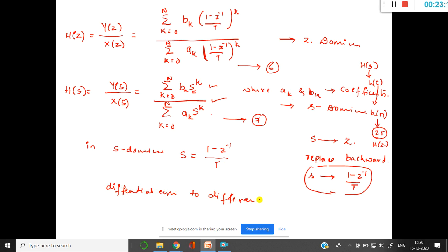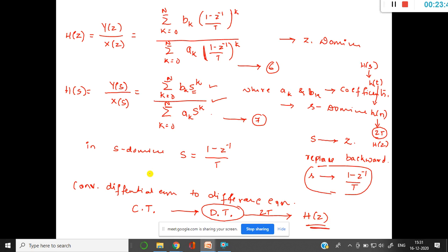So what is the meaning of this? Conversion of a differential equation to a difference equation means a signal that was in continuous time is transformed to discrete time. Once we have a discrete time equation, we apply the transform to obtain H of z. That's it.